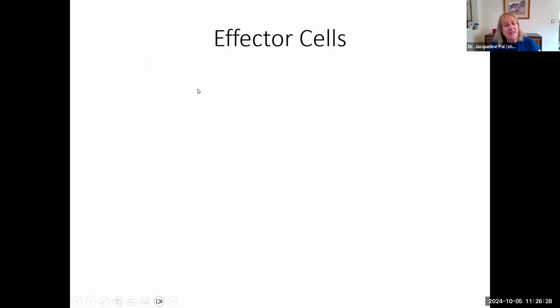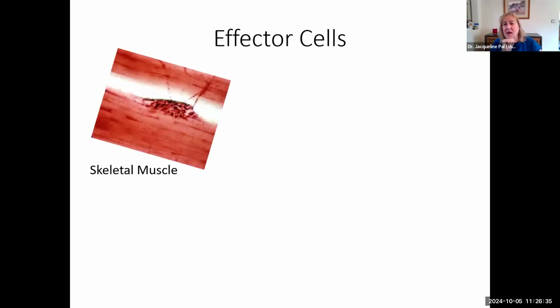So what are these effector cells I keep on talking about? Well, from looking at the pictures, you all have figured out that skeletal muscle is one of the effector cells. Absolutely. There are 4 different types of effector cells, and here's the thing. 3 of them are your muscle cells.